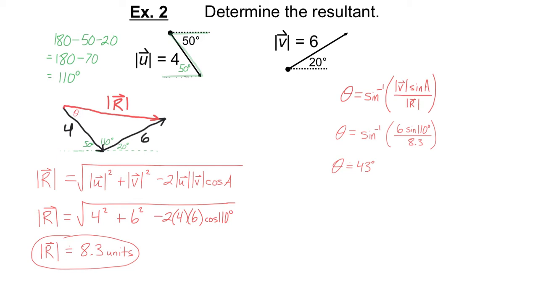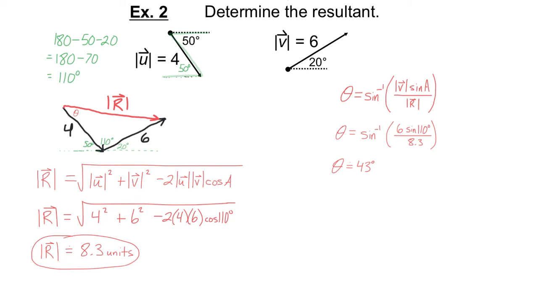Now, I'm going to have to do a little bit of extra work this time because notice this angle is not the angle from the horizontal down. So if we want to know the direction of r, we need to go, okay, I'm going east, what angle south? So I need to know an angle in here. So we need to do a little more extra work.